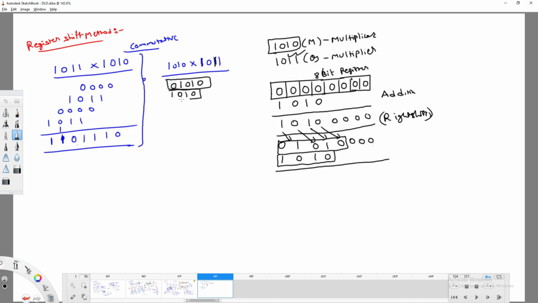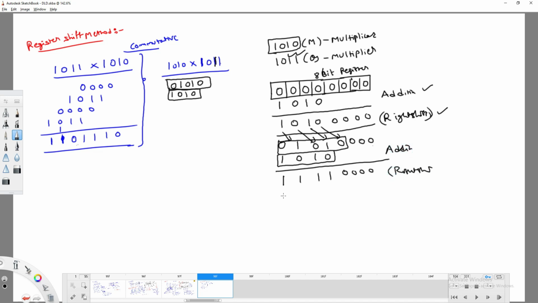Yes. That's the reason I am going to first perform addition, then perform right shift. Then I perform the addition once again. You are going to get here all 4 ones followed by 4 zeros. Then after this addition, you have to perform a right shift once again.